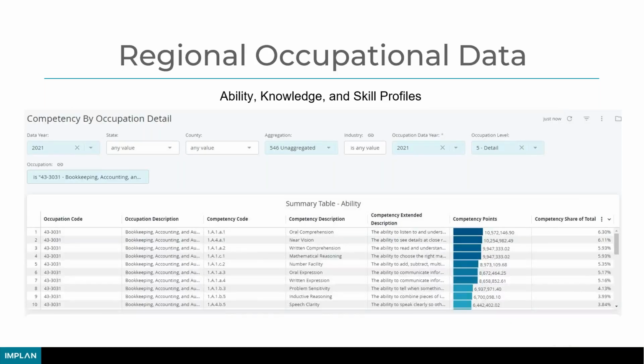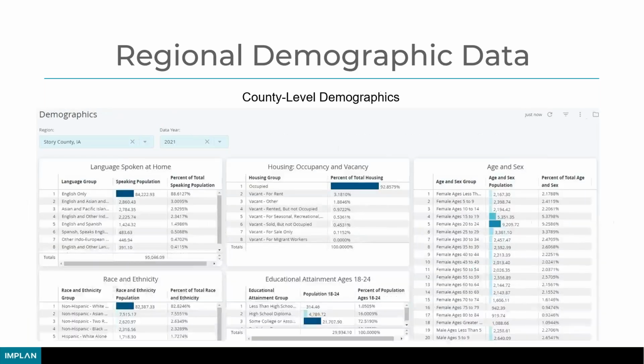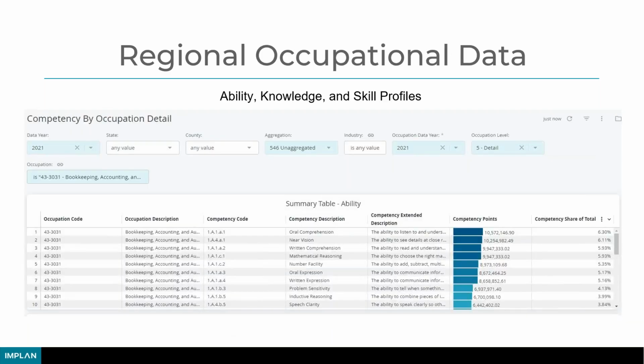Also, that occupational data that we mentioned earlier is here as well. So I can look at bookkeeping and accounting as an occupation type and look at what skills and abilities are associated with that industry. What do we need to have available in the labor force in order to fill these types of positions?